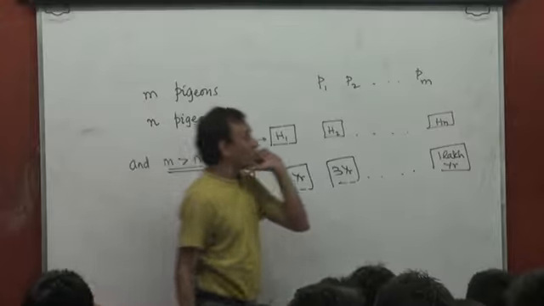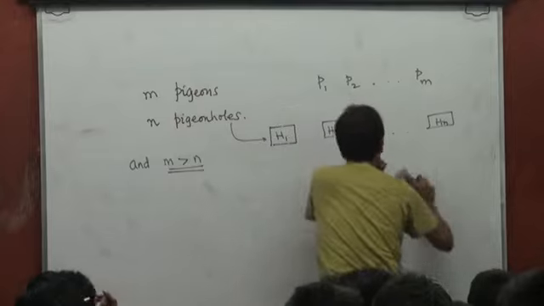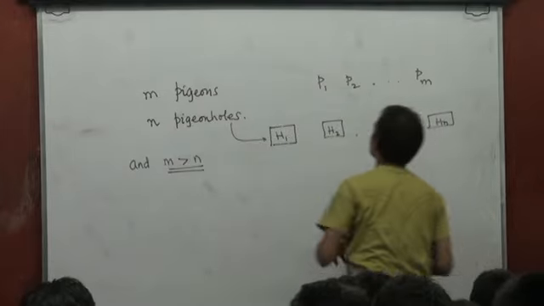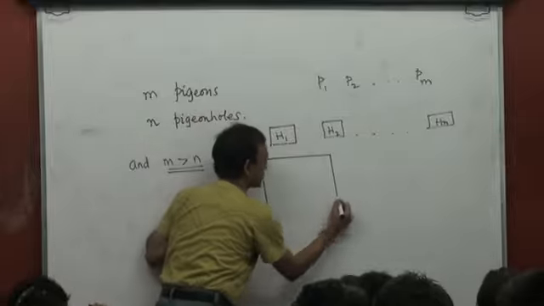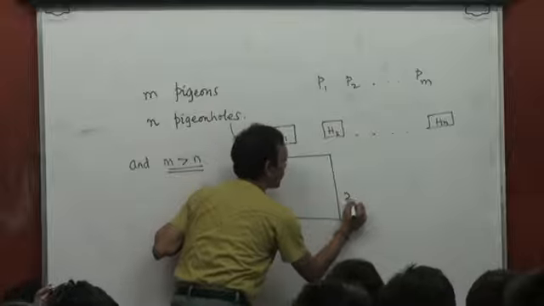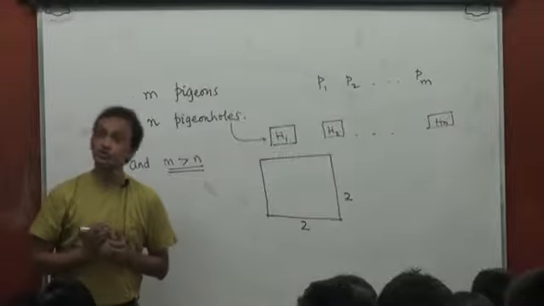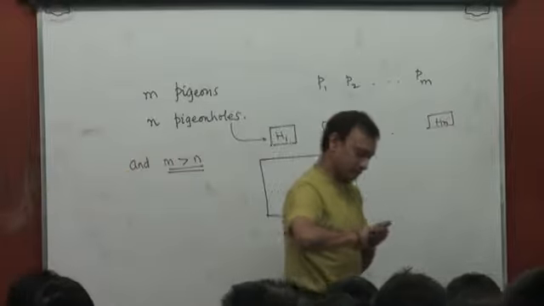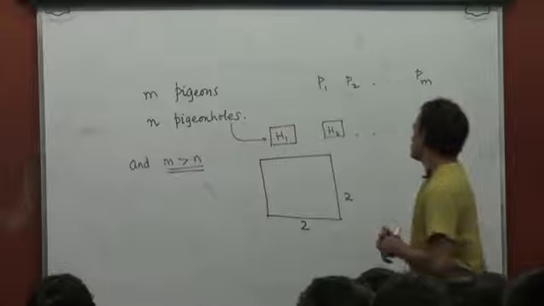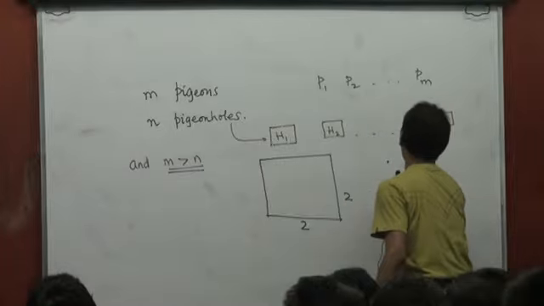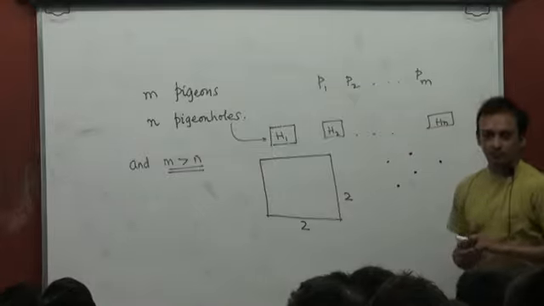Now, suppose this is a square, a 2 by 2 square. And there are 5 dots available.